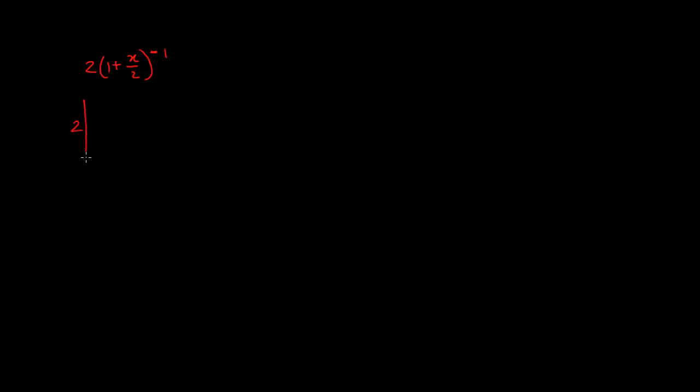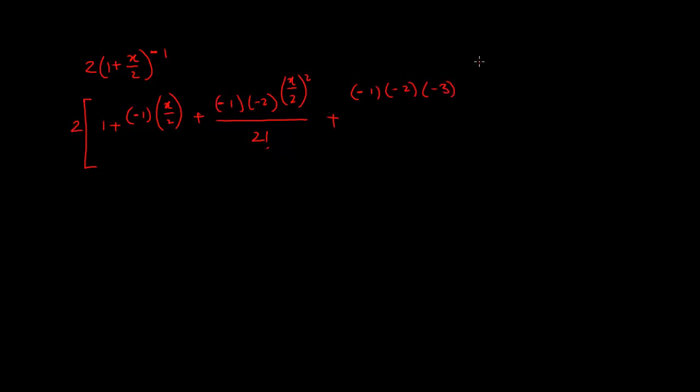So that would mean 1 plus negative 1 times x over 2 plus negative 1 times negative 2 times (x over 2) squared over 2 plus negative 1 times negative 2 times negative 3 times (x over 2) cubed over 3 factorial. What that essentially boils down to is 2 plus 2 cancel.